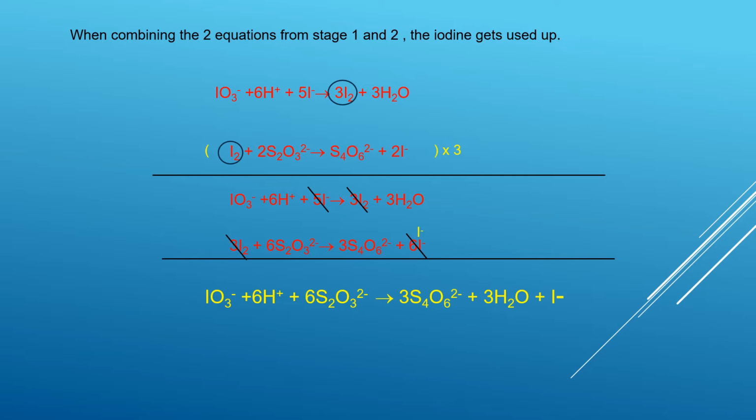So when iodate is getting reduced, iodate is acting as an oxidizing agent, while S2O3 2- is getting oxidized to S4O6 2-. So S2O3 2- is the reducing agent because it's getting oxidized. These are the two reagents that we are going to be using in the titration calculation now.